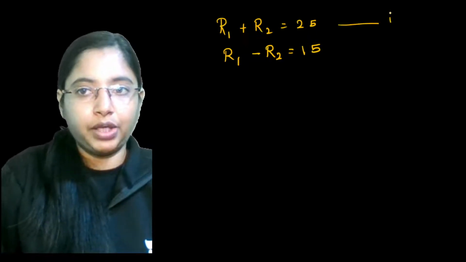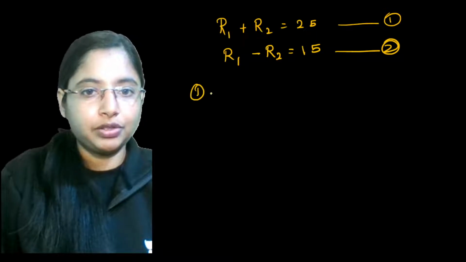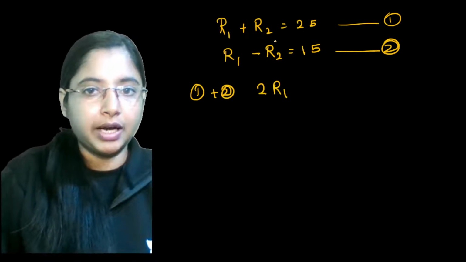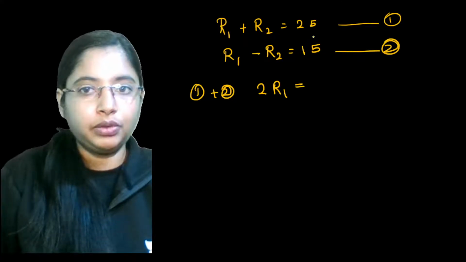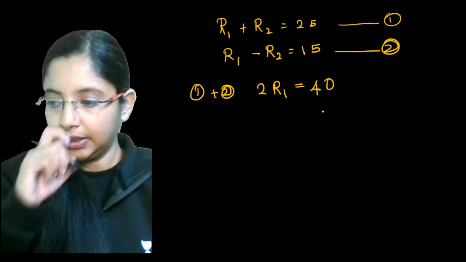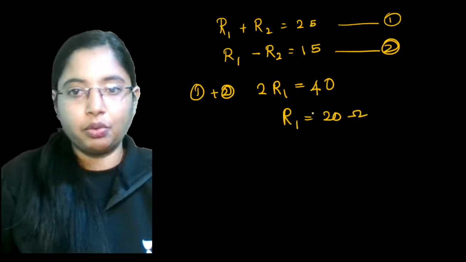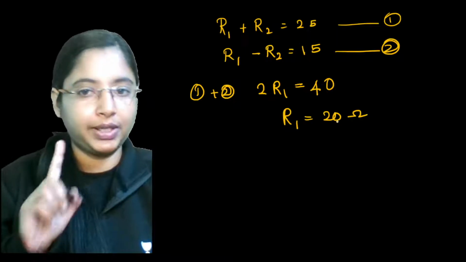You can solve for this. Add the two equations. If you add them together, you get 2 R1, R2 cancels, is equal to 40. So you get R1 to be equal to 20 ohms. So one of the resistors value is 20 ohms.